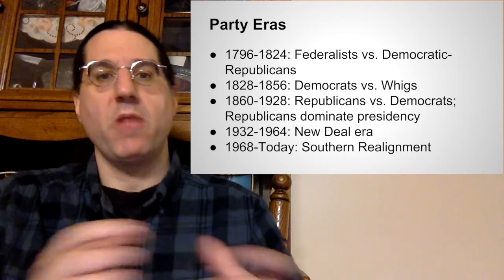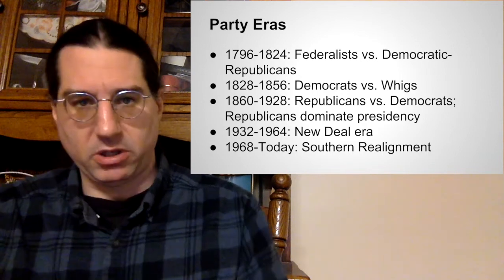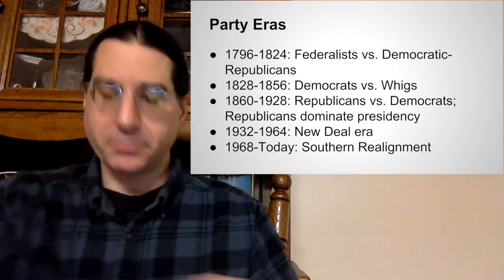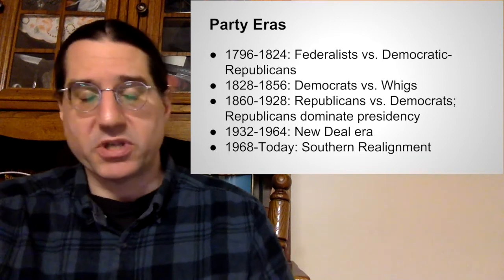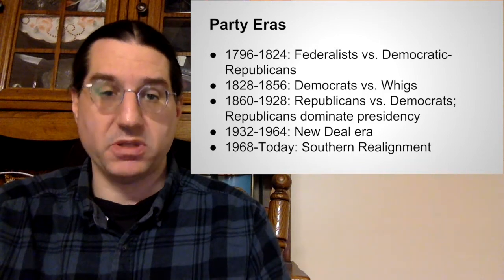The Democratic Republicans were more about looking out for the little farmers, the little people, and not having the federal government take too much control. So that was the two-party system for the early 1800s.